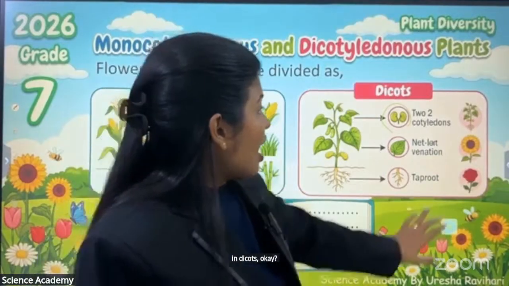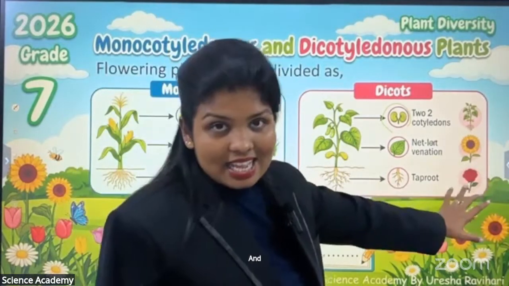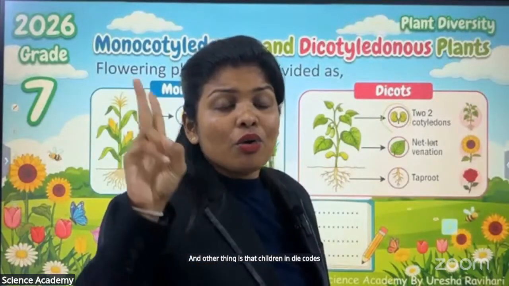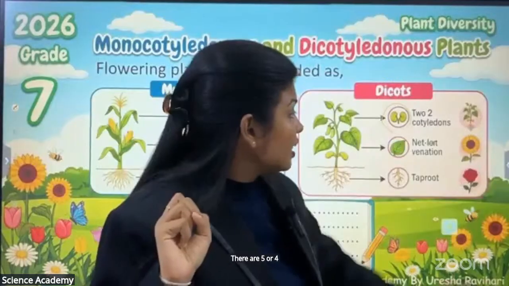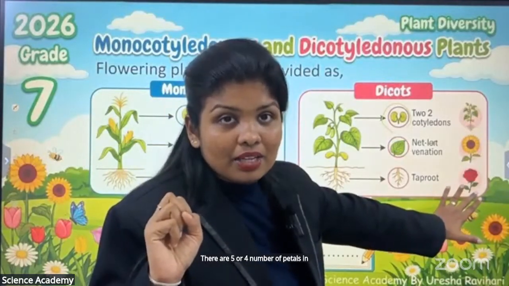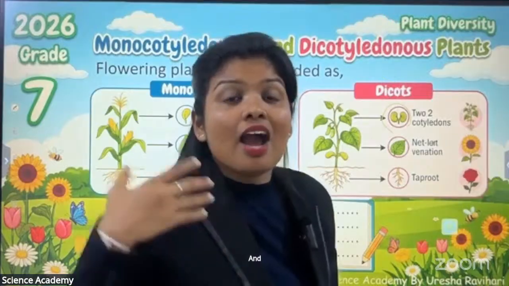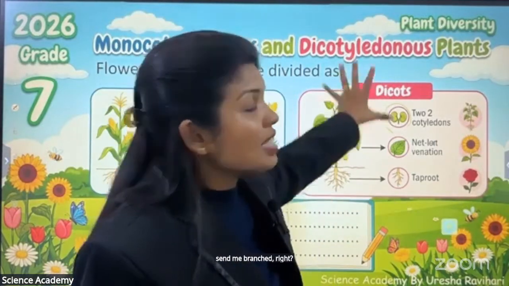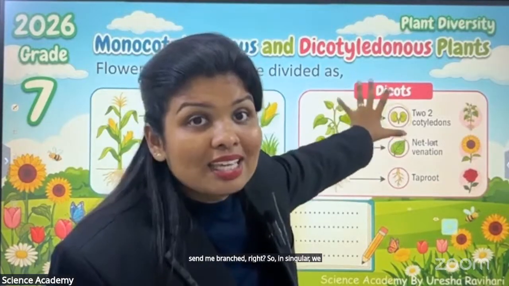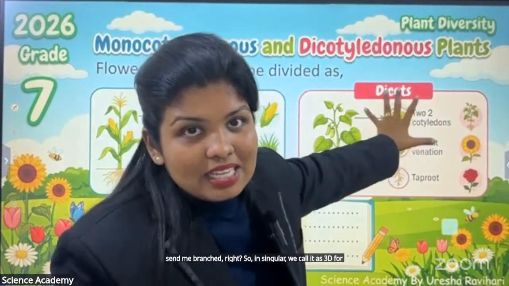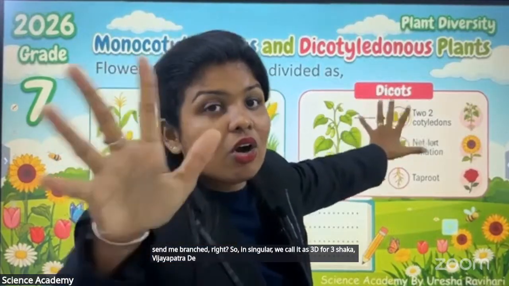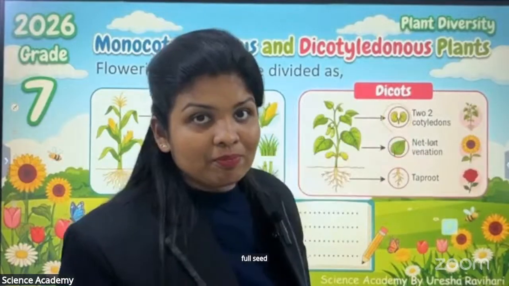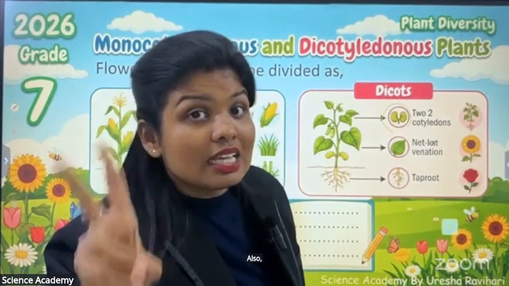Other things, children: in dicots, there are 4 or 5 petals in a flower, and the stem is branched. In Sinhala we call it Dvibijapatri Shaka, bijapatra dekai. Dicotyledonous: 2 seed lobes, also 2 seed leaves.